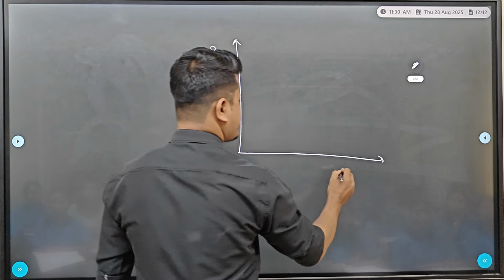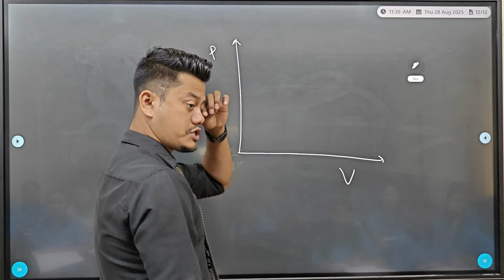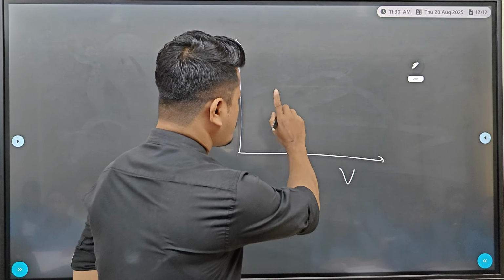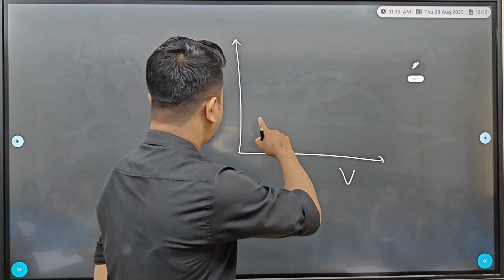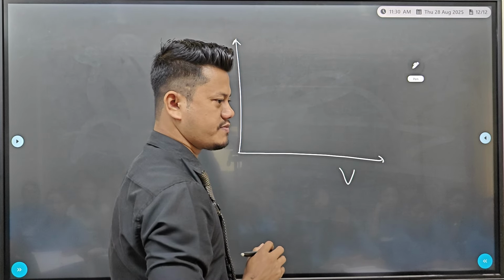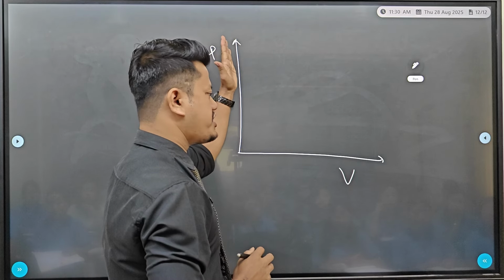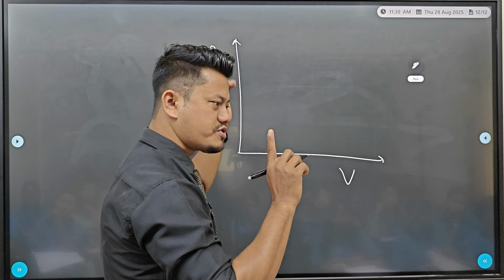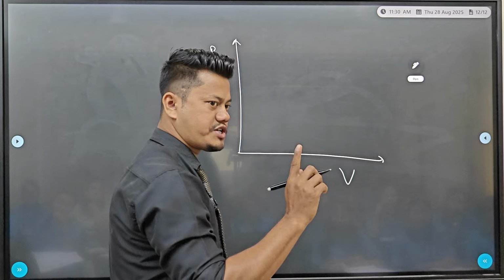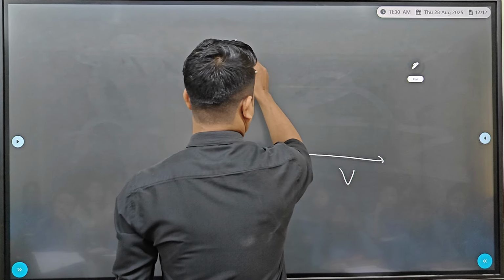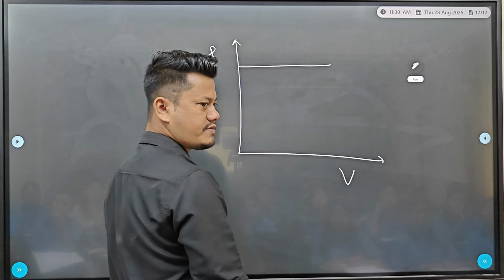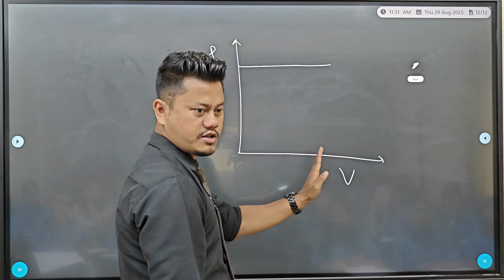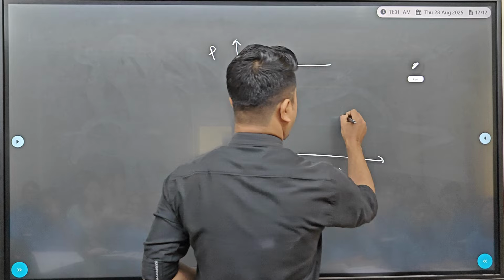This is P and this is V, right? I want to draw the curve for the isobaric process. This is the pressure axis. For isobaric, pressure should remain constant, which means it must be a straight line. Pressure will not be changing over here, only the volume will change. This is for isobaric.